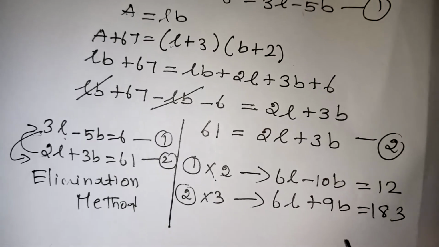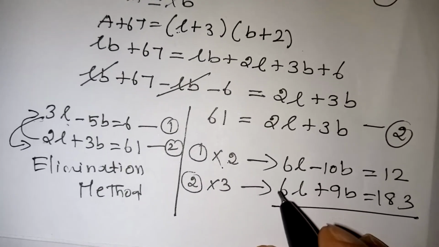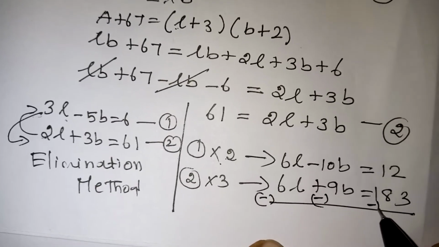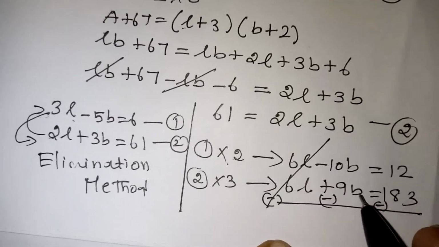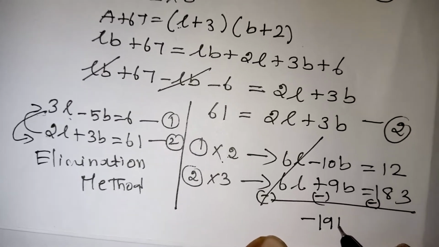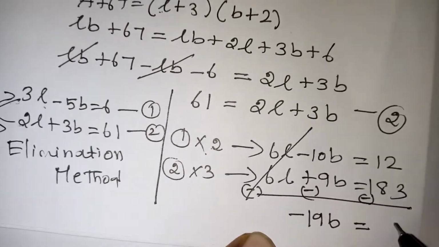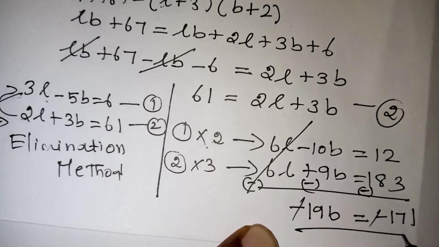So after writing we are going to solve. Both are plus 6L, plus 6L, so we cannot cancel the value. So take this, change the signs, minus, minus, and this will get cancelled. Minus 10B minus 9B, so minus 19B we are getting, which is equal to 183 minus 12, we are getting 171. So minus minus will get cancelled.